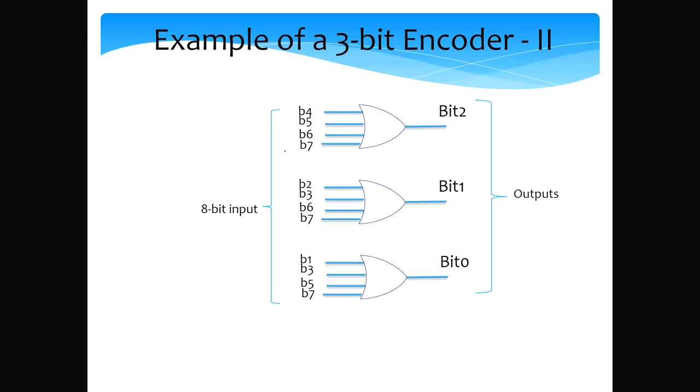So bit 2 is B4 or B5 or B6 or B7. Similarly, for bit 1 and bit 0, the circuits are determined by the equations on the previous slide. So this is a fairly simple circuit. All that we need is 3 4-input OR gates. A 4-bit and a 5-bit encoder are slightly more complicated in the sense that we need OR gates with even more inputs. But this is the basic idea.